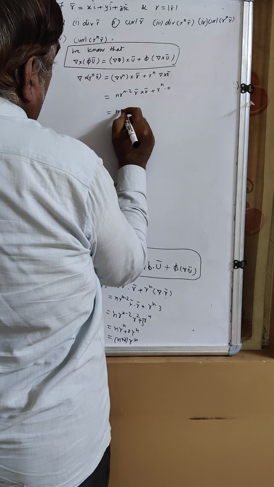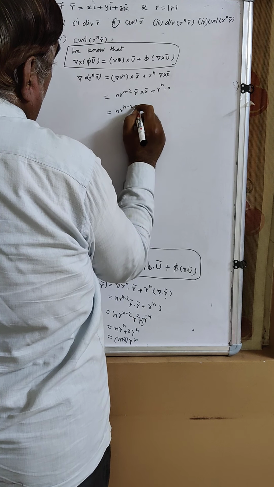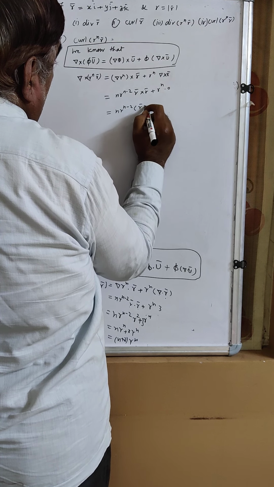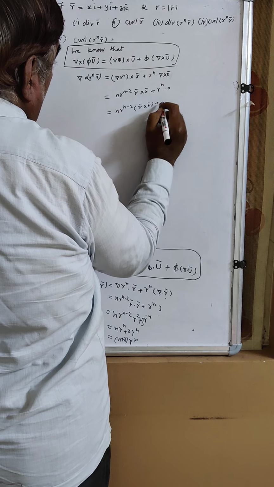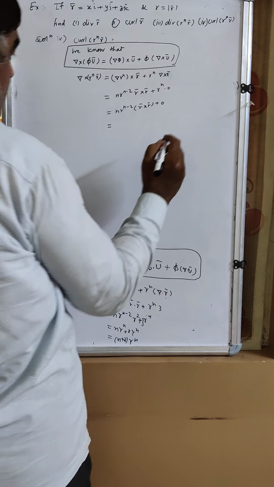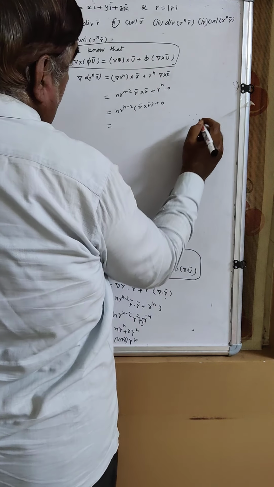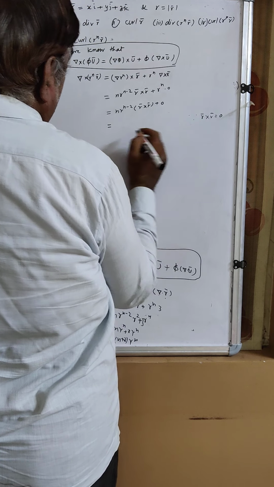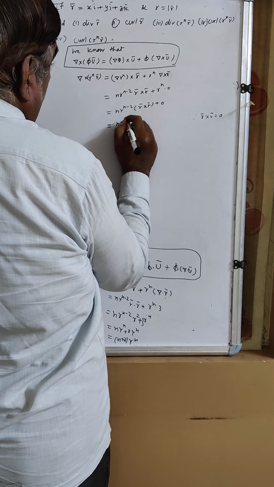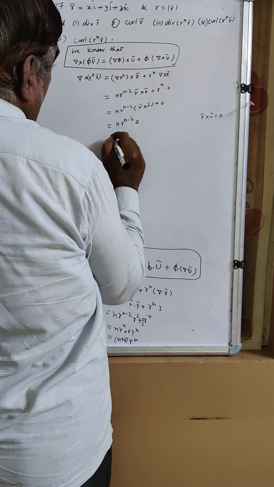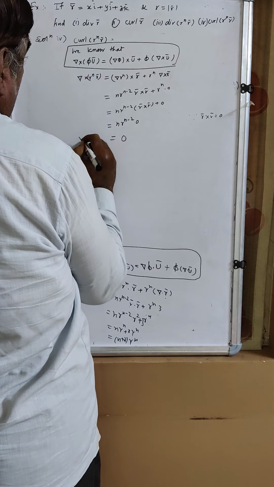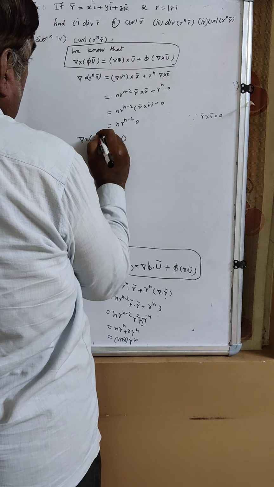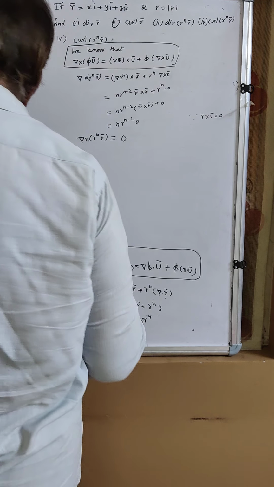This is equal to n r raised to n minus 2 r vector cross r vector plus 0. Also, the cross product of the same vector is 0. Therefore, n r raised to n minus 2 into 0 is equal to 0. Del cross r raised to n r vector is 0.